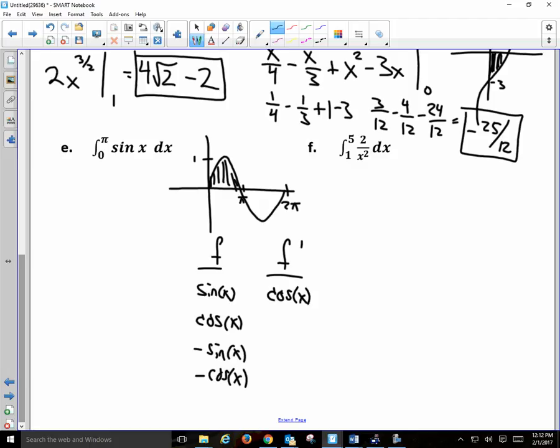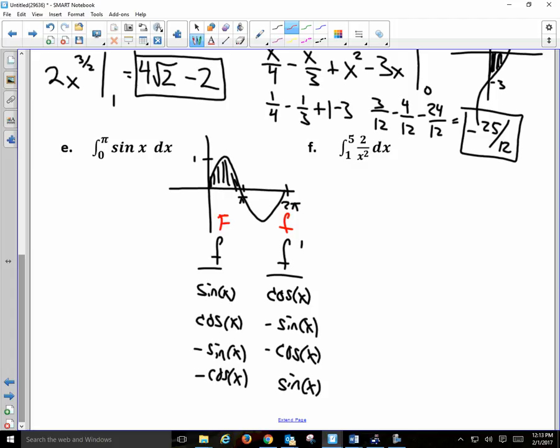Derivative cosine, derivative negative sine, and derivative of negative cosine. So now that we found the derivatives, I'm going to count this as little f and this as big F. The derivative of big F is little f, and the antiderivative of little f is big F. So that tells us that the antiderivative of sine is negative cosine. So if you can't remember it, make yourself a chart and continue to think through that until you can figure it out.